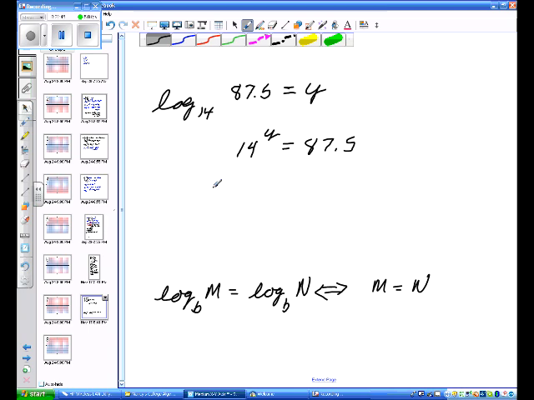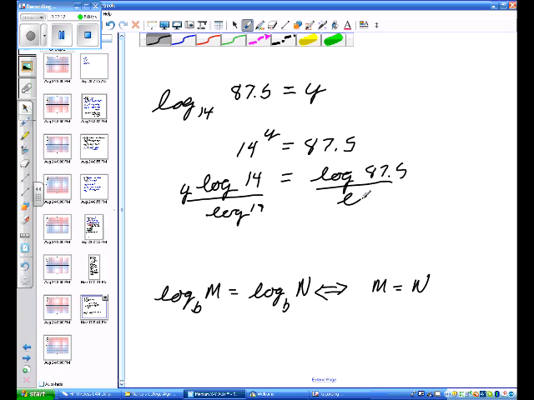If I took the log of this side, I can make it any base that I want. Well, the only two bases we can work with are base 10 or base e. So if I did it in base 10, then the log of 14 to the y is the power times the log, equal to the log base 10 of 87.5. Now if I wanted to solve for y, I can divide both sides by the log of 14.